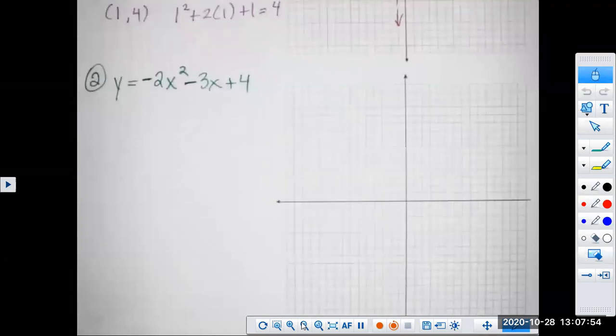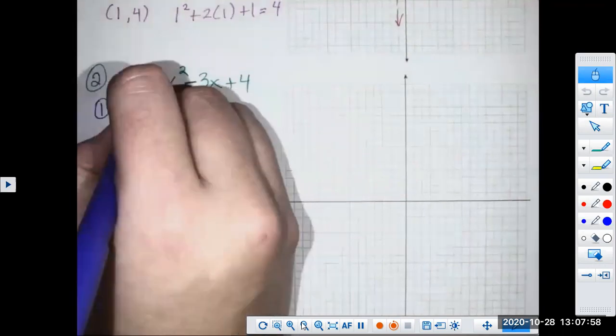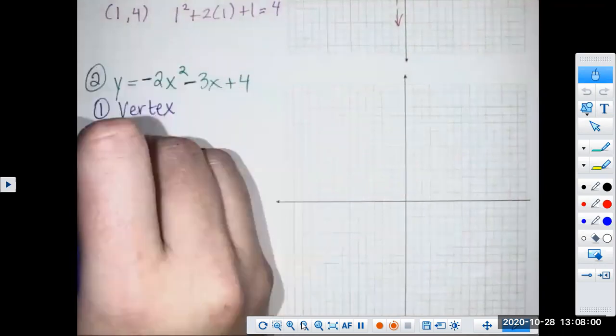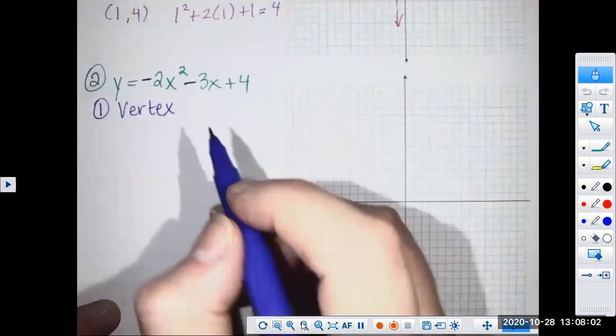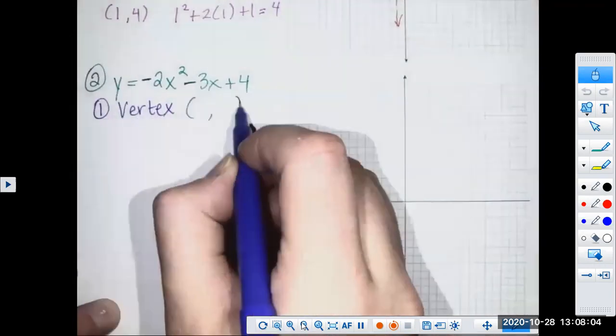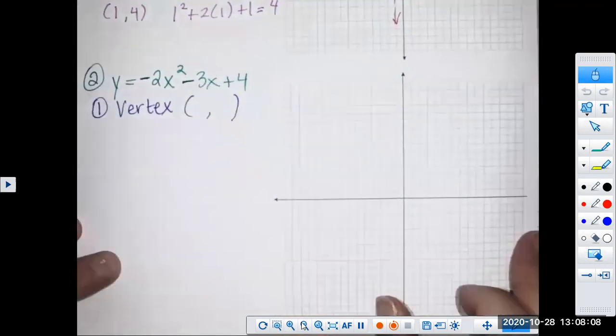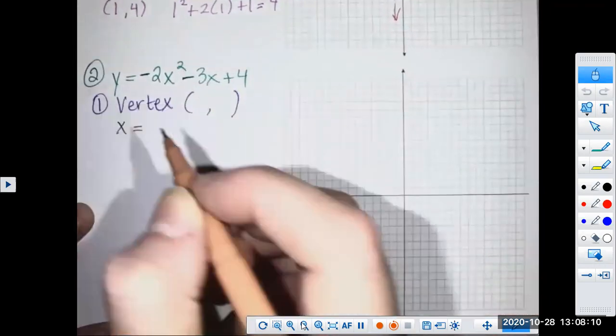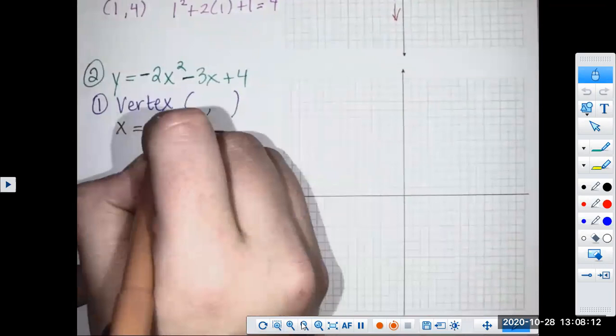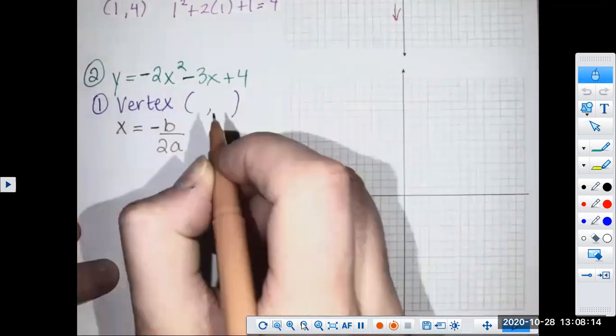Okay, let's figure out our vertex. What is your formula to figure out just the x coordinate? Good, negative b over 2a.